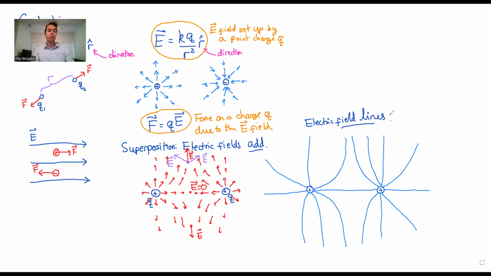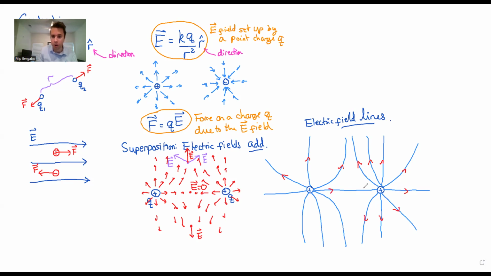Now, what we lose by drawing this instead of the individual vectors is that it's not possible to see the magnitude. You can still tell the direction of the electric field at each point because you can also draw these arrows to indicate the direction that the electric field is always going. Well, for us, it's always away from the charges because these are positive.